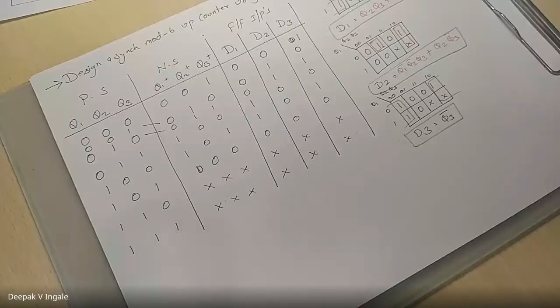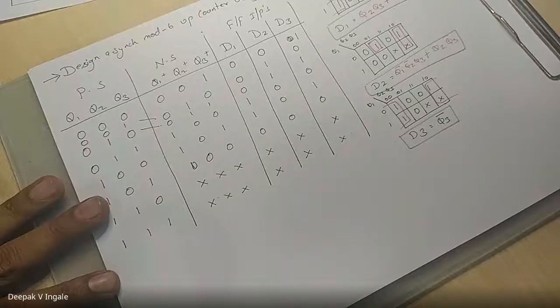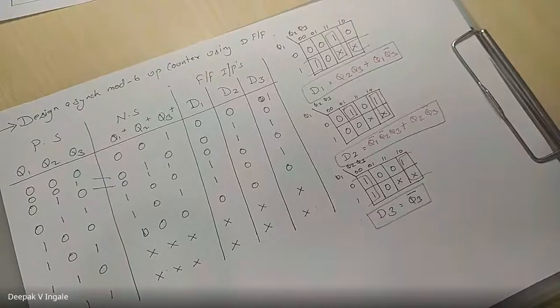Circuit diagram with 3 D flip-flops, common clock. Sir, D1 is out of frame here. D1 is out of frame, yes. I expected you would have written by now.